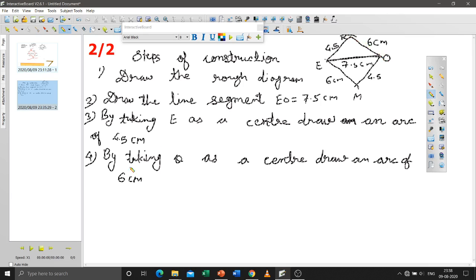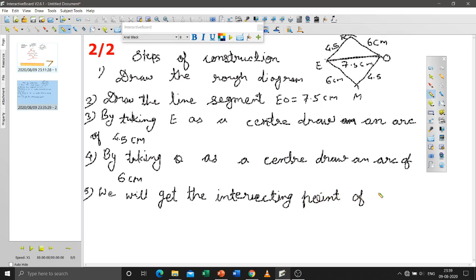So in this way we'll get the intersecting point R of the arcs.